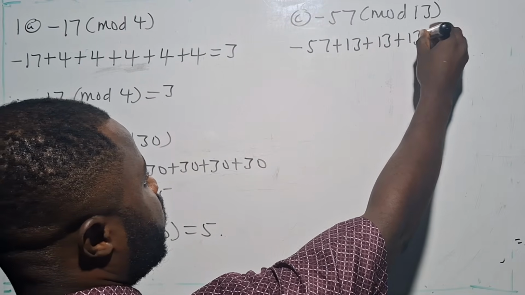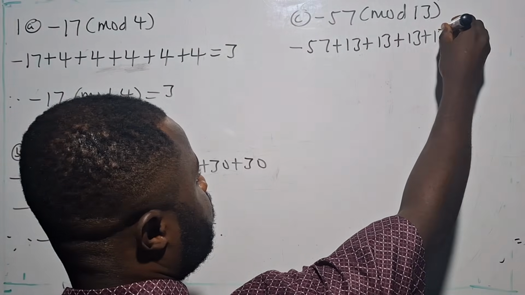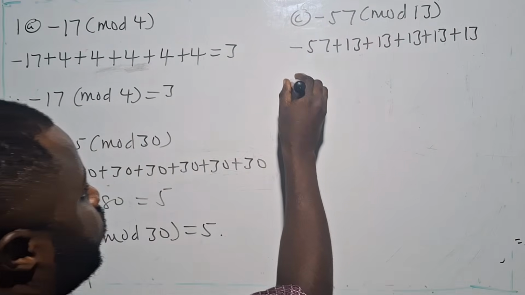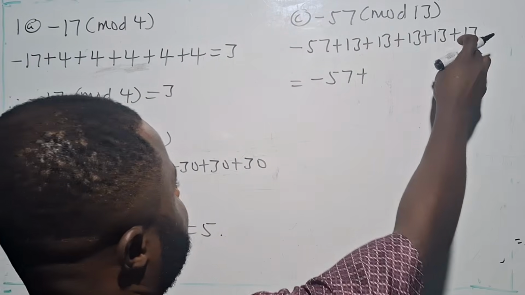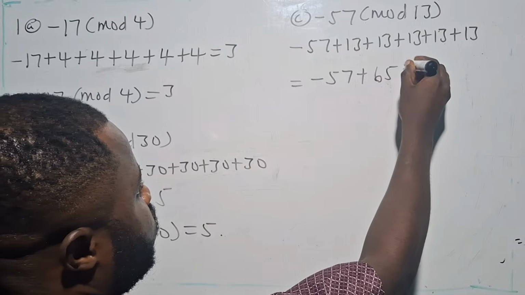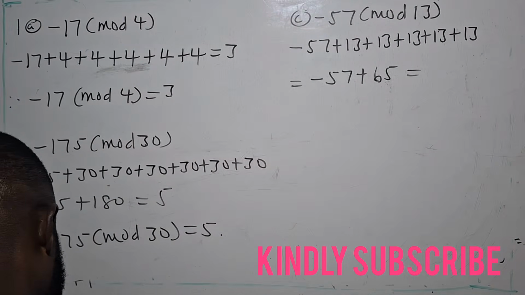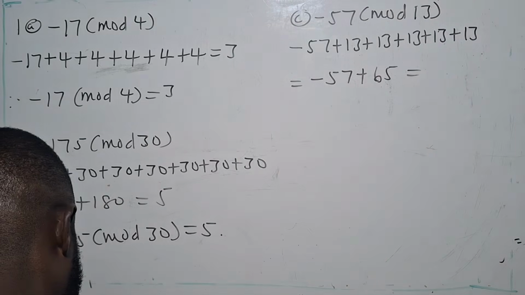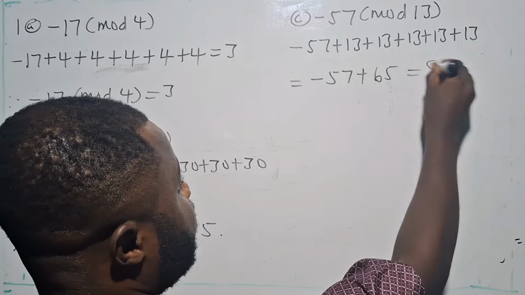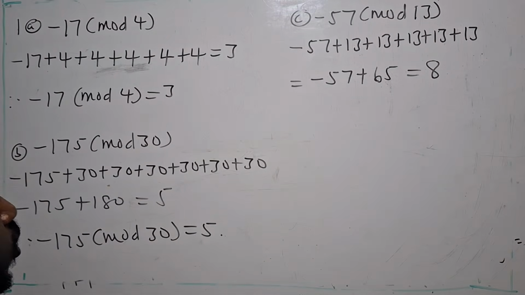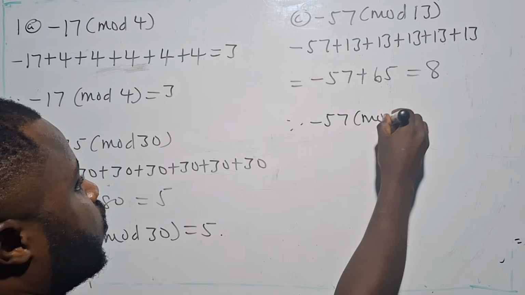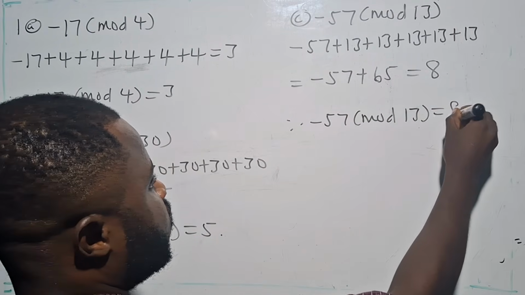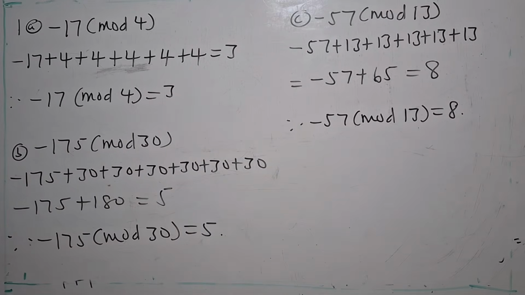So negative 57 plus 1, 2, 3, 4, 5 thirteens. 13 times 5 gives you 65. So negative 57 plus 65 gives us 8, which is lesser than the mod. So therefore, negative 57 mod 13 gives us 8.